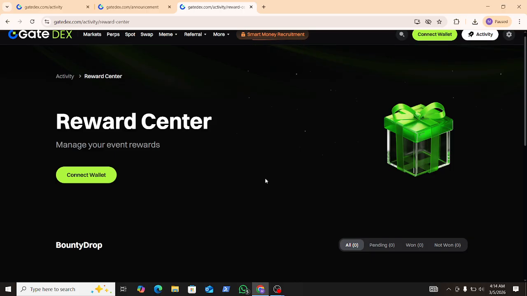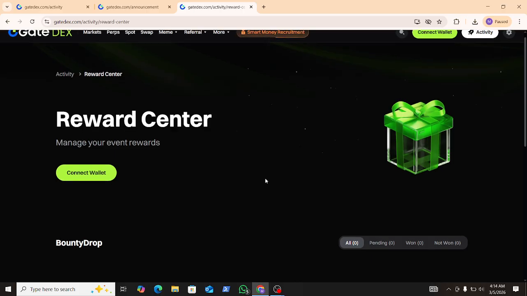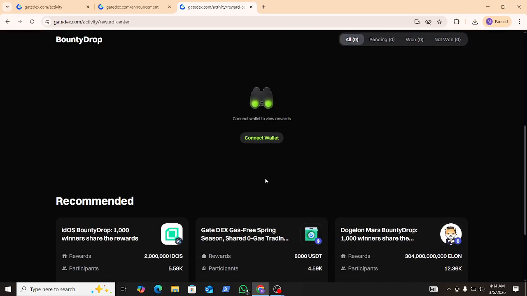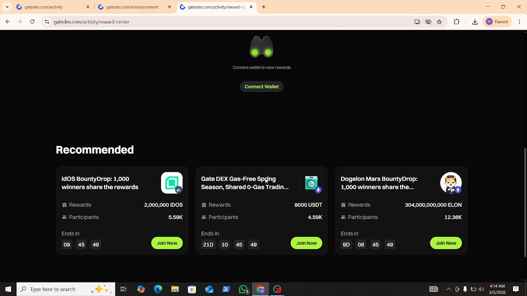Reward center, Connect Wallet, BountyDrop, Connect Wallet.